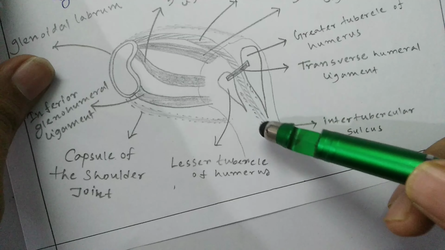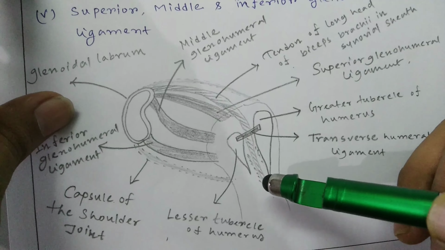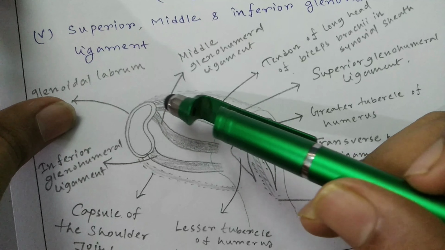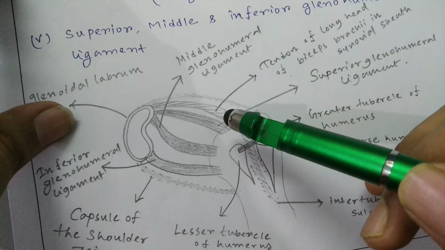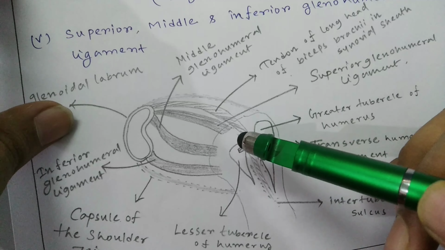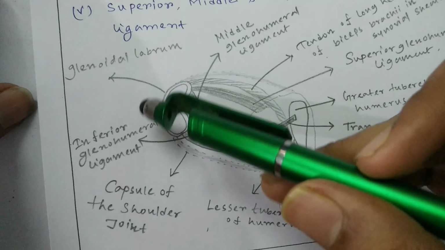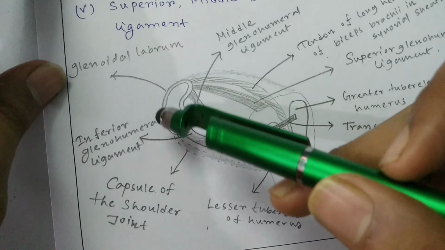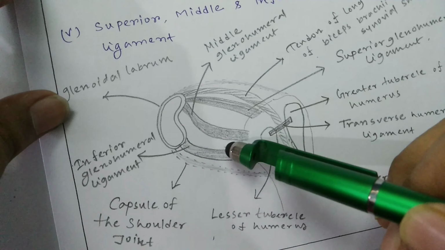And here is the intertubercular sulcus, and this is the tendon of the long head of the biceps brachii in a synovial sheath. And it is the glenoidal labrum of the scapula. Here is the inferior glenohumeral ligament.